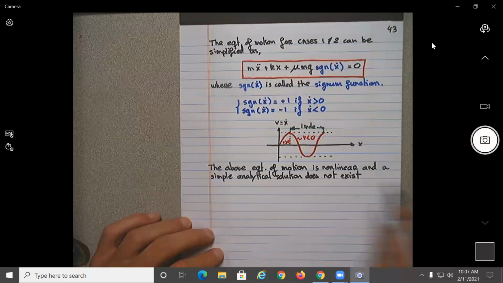Okay, so the above equation of motion is nonlinear and a simple analytical solution does not exist.